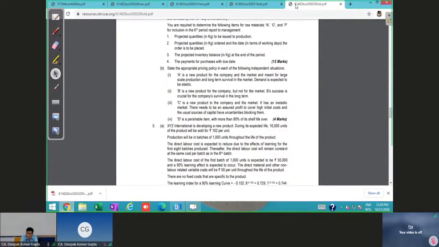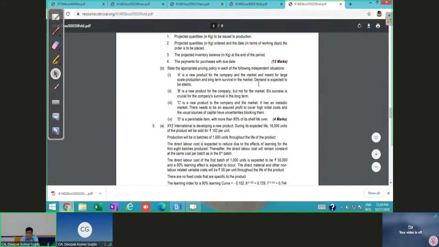And D is a perishable item with more than 80% of its shelf life over.